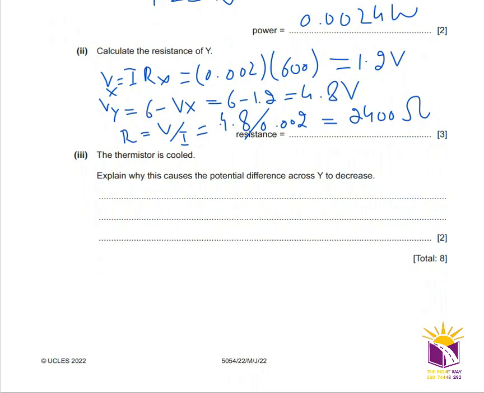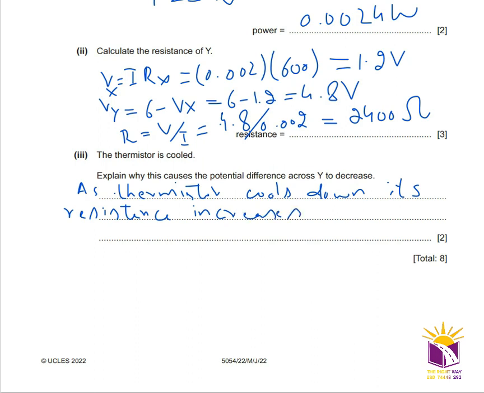The thermistor is cooled. Explain why this caused the potential difference across Y to decrease. So as the thermistor cools down, its resistance increases.